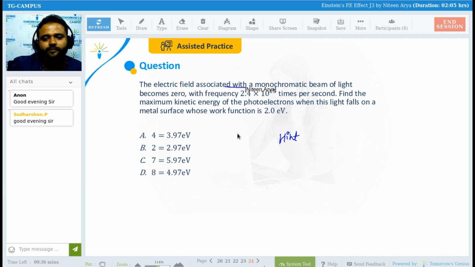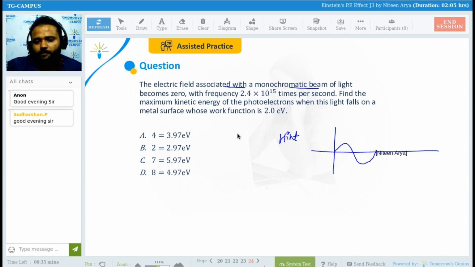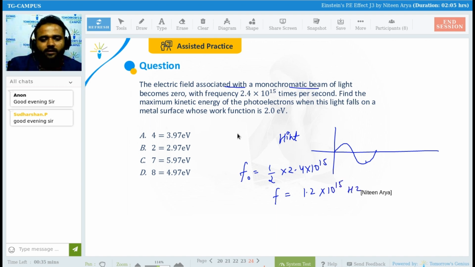The electric field associated with a monochromatic beam of light becomes zero only twice in one complete cycle. So you need to use frequency f naught as half of 2.4 into 10 to the power 15, that is 1.2 into 10 to the power 15 hertz.